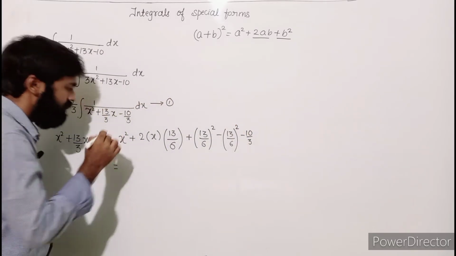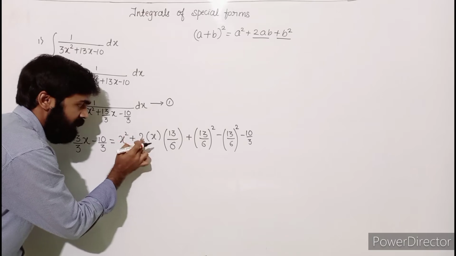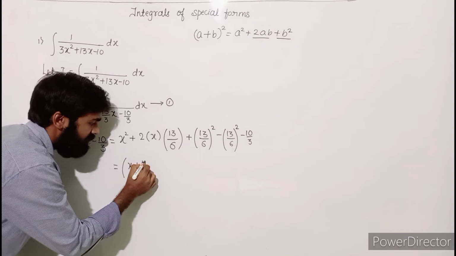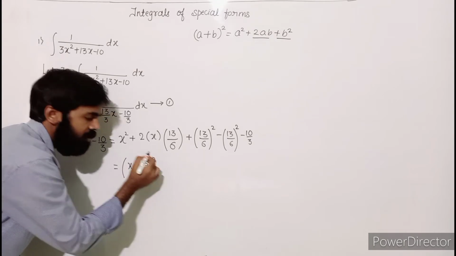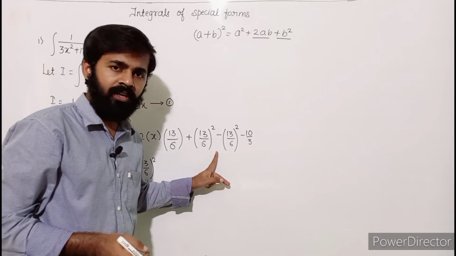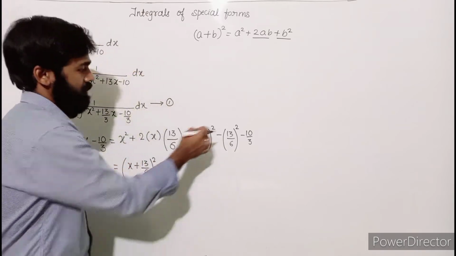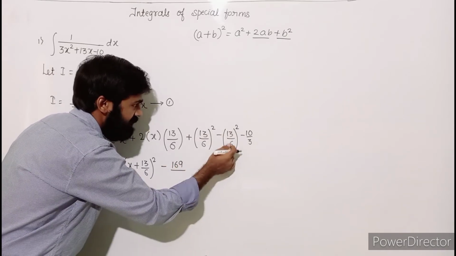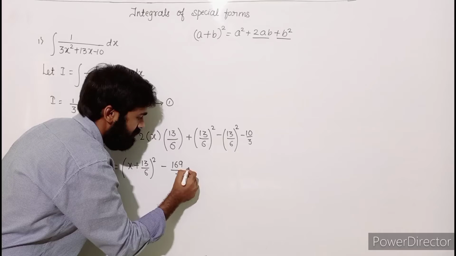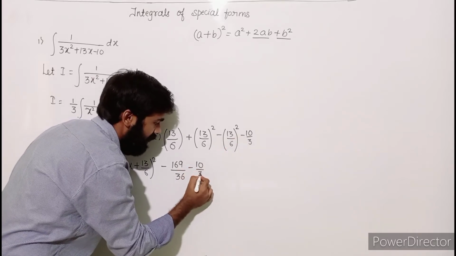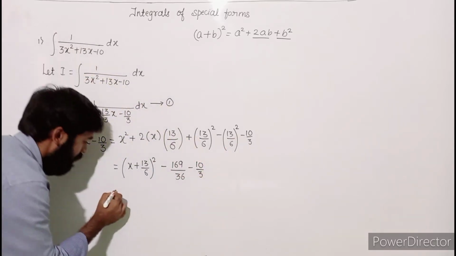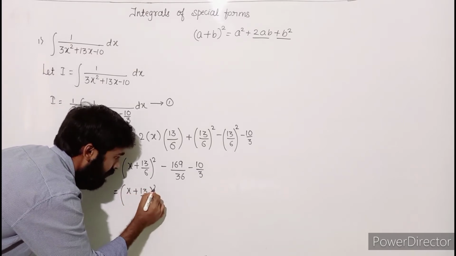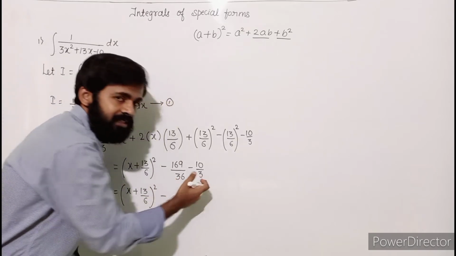Now, a square plus 2ab plus b square is nothing but a plus b whole square. So this equals x plus 13 by 6 whole square minus 13 square, which is 169, divided by 6 square, which is 36, minus 10 divided by 3. Now here, x plus 13 by 6 whole square minus, what is the LCM of 36 and 3?